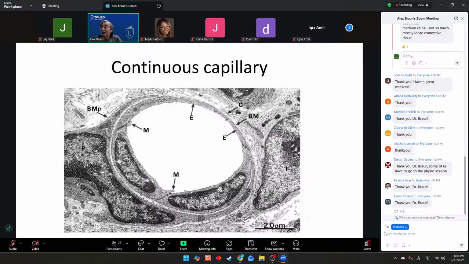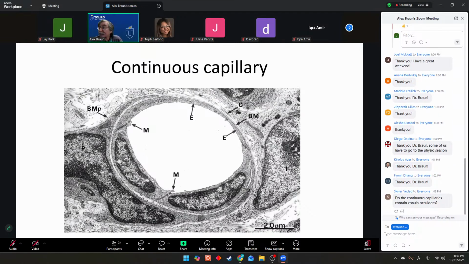Now, what do pericytes do? Pericytes have contractile filaments within their cytoplasms. They may be contractile, so they may help control the flow of blood within capillaries. They are not smooth muscle cells. They are pericytes, but they do have the capacity perhaps to control the caliber of the capillary and the flow of blood through the capillary. They also may act as stem cells, mesenchymal type stem cells, even in adults.